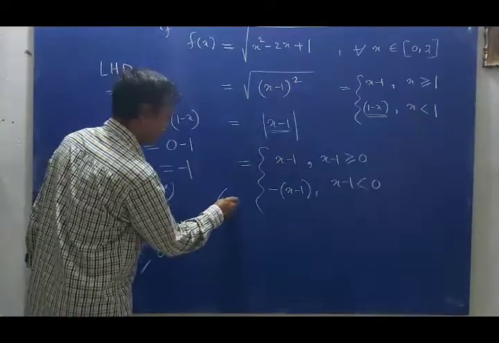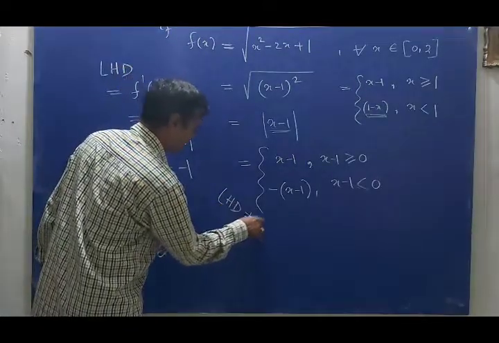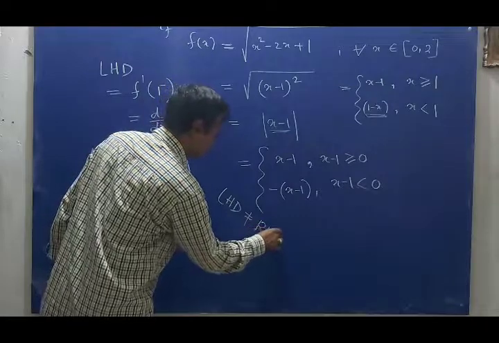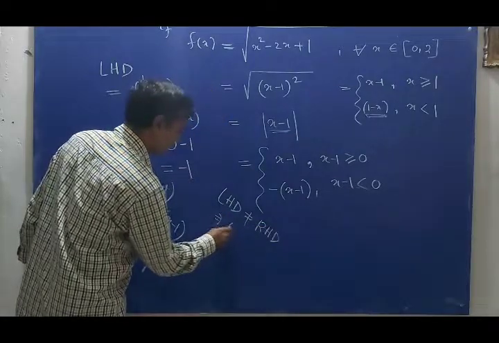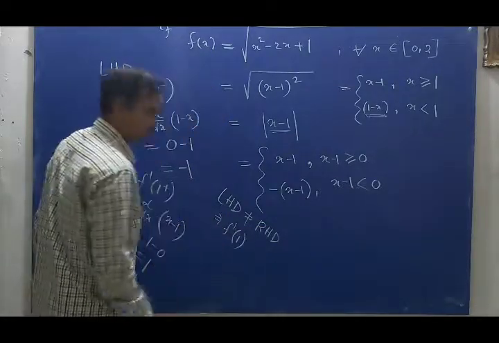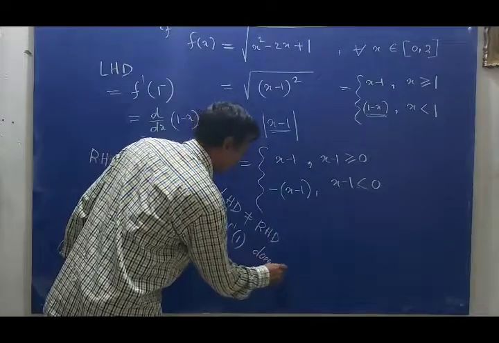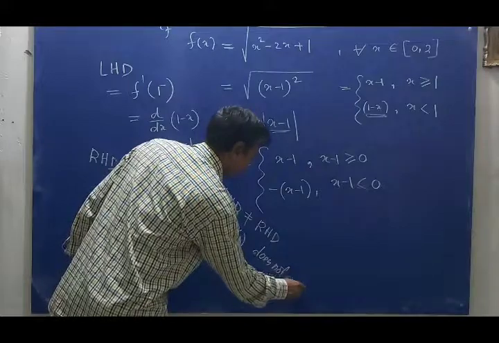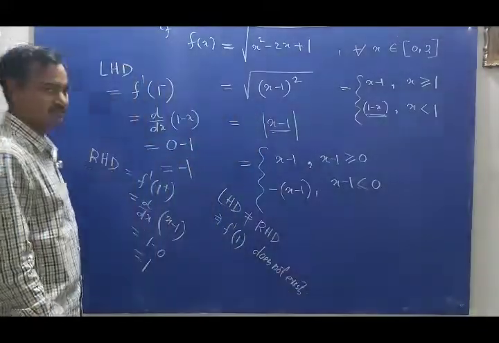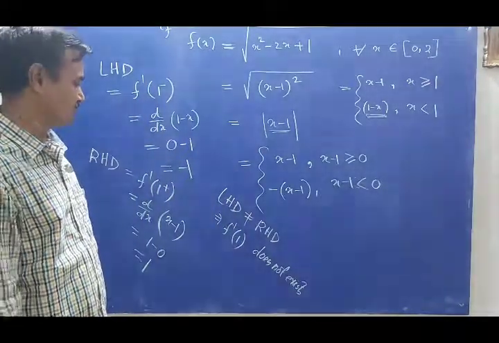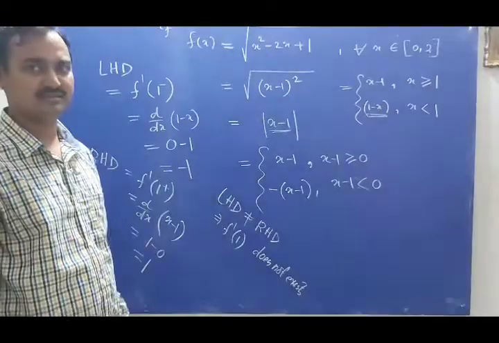The left hand derivative is not equal to the right hand derivative, which implies f dash at 1 does not exist. So f dash at x is equal to 1 does not exist. Thank you.